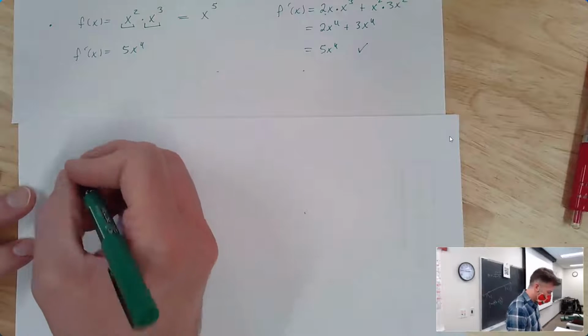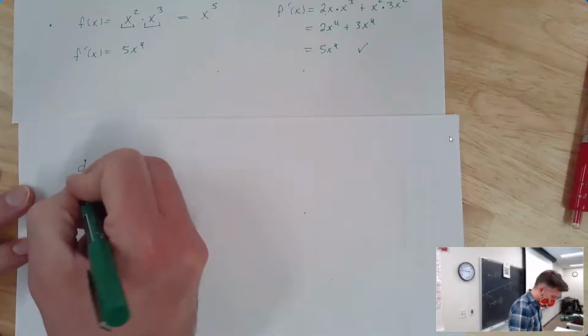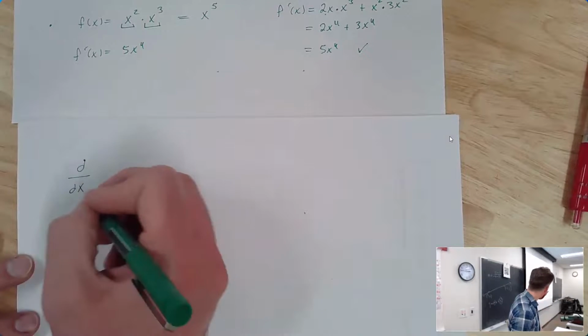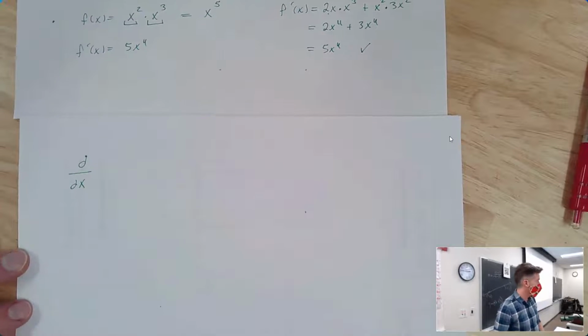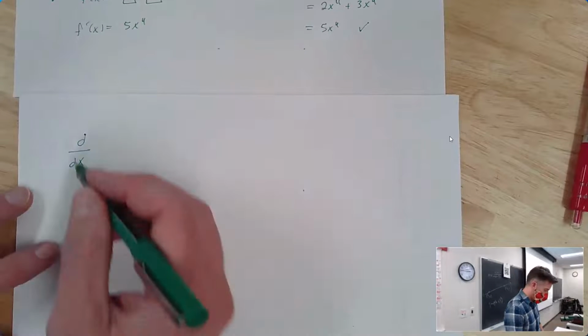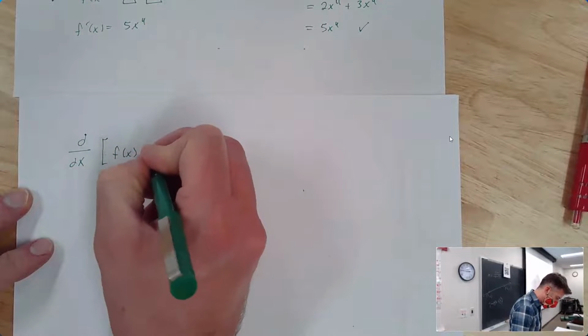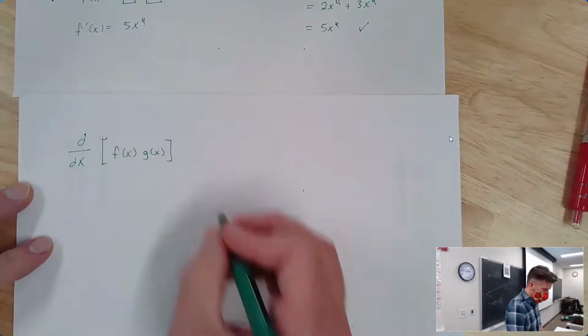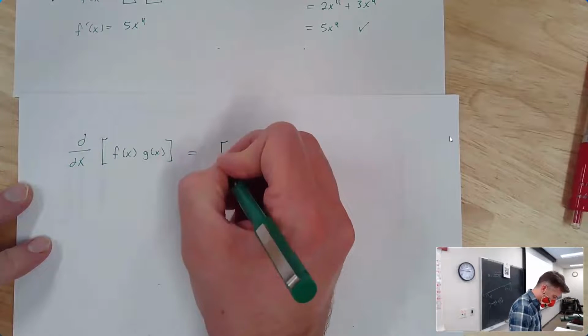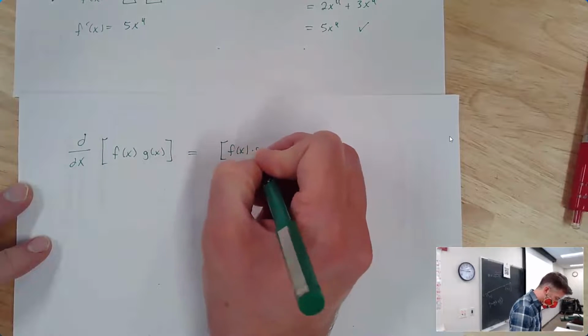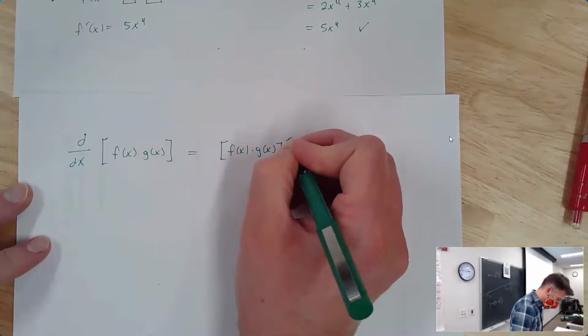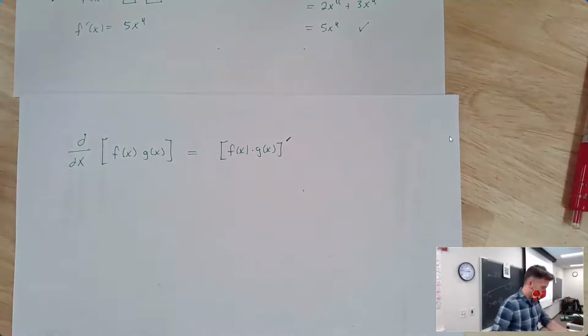I want to take the derivative, and I haven't been using this notation much, but it is a very common notation for the derivative. I want to find the derivative of the product, which you could also write as the product prime. Either way.